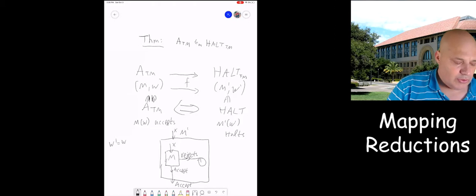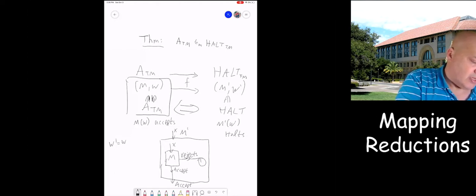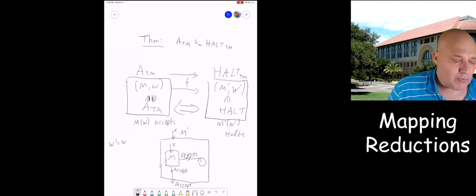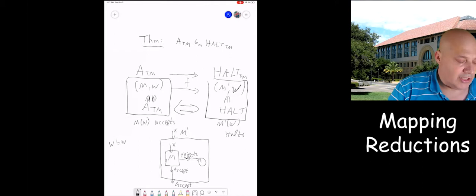So now I want to claim that this construction works, meaning that we have this relation: MW is in ATM if and only if M prime W prime is in Halt, and W prime is W. So let's ask, if MW is in ATM, it means that M of W accepts.